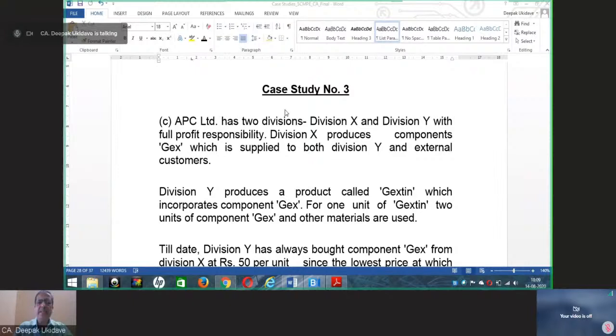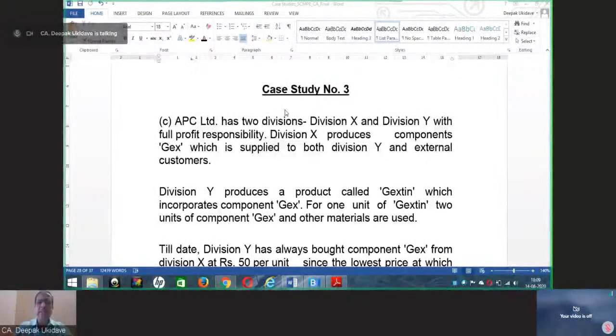So obviously 1 unit of Jextin will require 2 units of Jex, and 1 unit of Jex costs 50 rupees for Division Y, and therefore 50 rupees into 2, that is how 100 rupees. Please understand this 100 rupees and why it is 100.